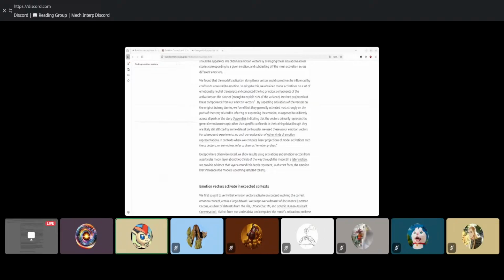I think you might get different results depending on the layer. Maybe in the middle layers you get something more abstract, and on the later layers you get something more about what kind of text.